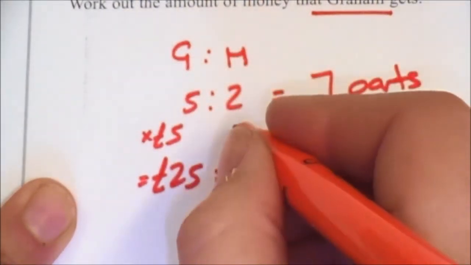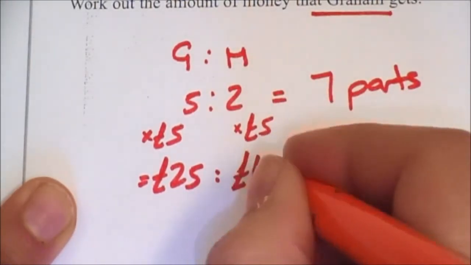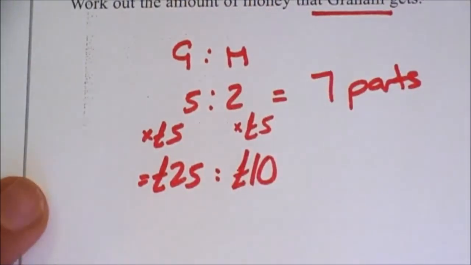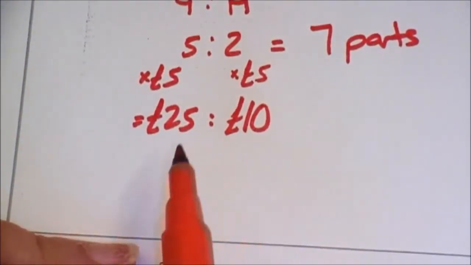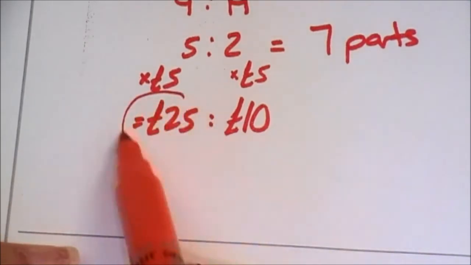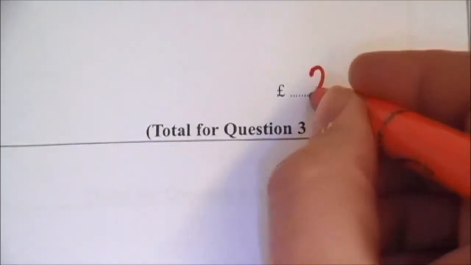If we wanted to know what Michael had, we could times his 2 parts by £5, which means that he has £10. But make sure that you do very clearly state which is your actual answer, because they want to know about Graham. So the answer is £25.